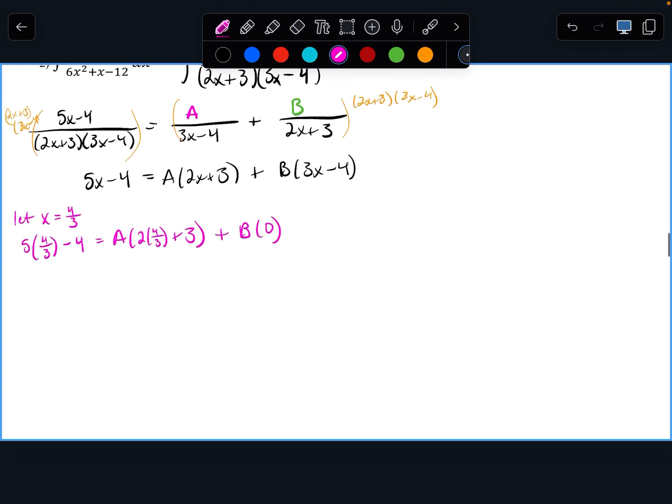Unfortunately, the quiz is no calculator, so I have to get used to all that fun stuff. So that'd be 8/3 plus 9/3. Little math tricks.